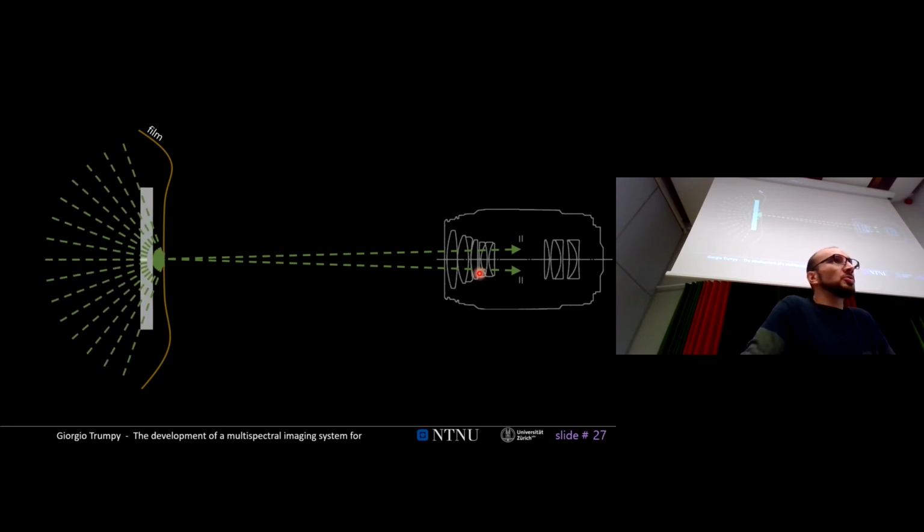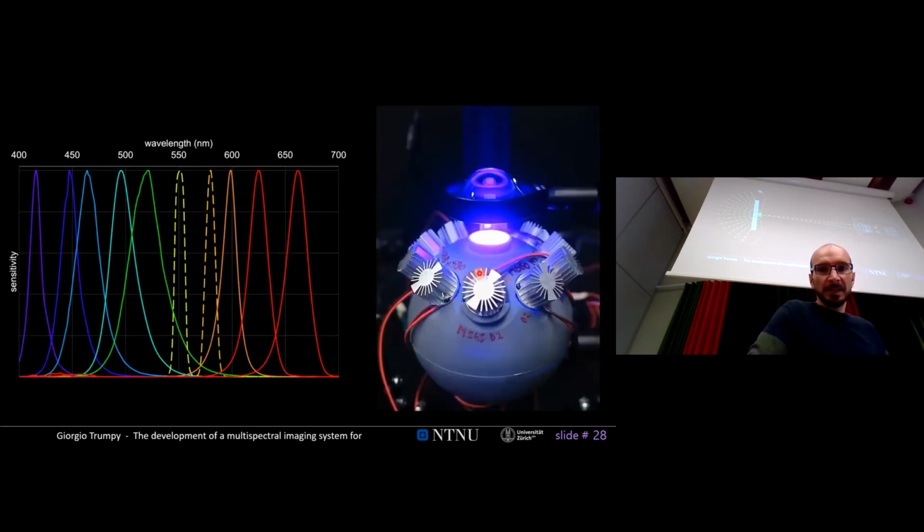Then you introduce the diffuser, and all of a sudden the light comes from many directions, so that each point of the film is illuminated more or less 180 degrees. These are the spectral bands chosen.